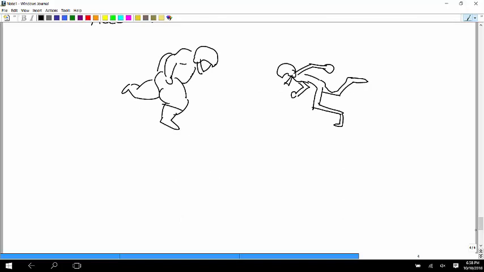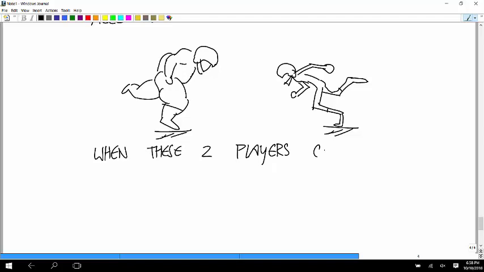So when these two players collide, the big guy won't accelerate much.